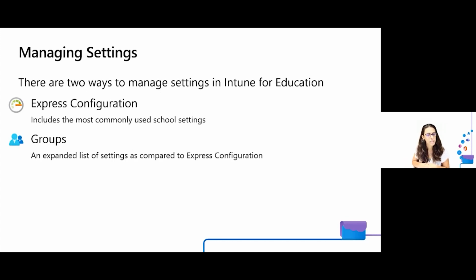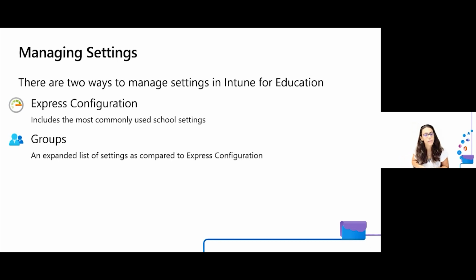When it comes to settings, there are two different ways to manage settings in Intune for Education. You can leverage express configuration. This option we have just seen; we have just walked you through it. It has the most commonly used school settings, the settings that we have seen most schools need in order to enable the best student experience.